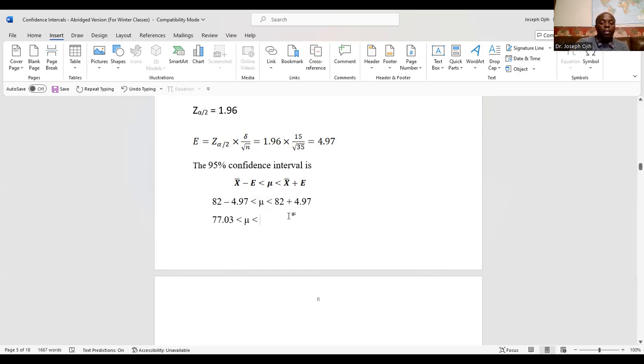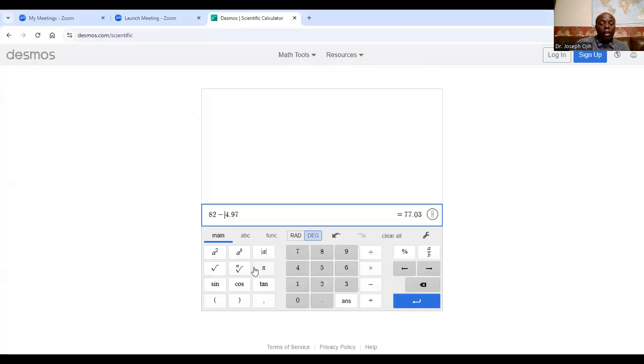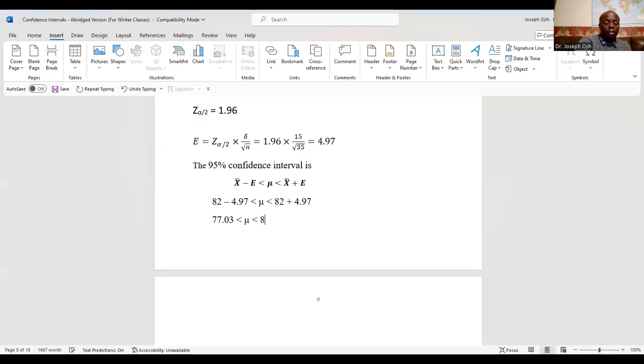On this side, we add instead of subtract. We got 86.97. So we are trying to estimate this mean using these values. Now, this is the confidence interval, which means that the population mean is between 77.03 and 86.97.